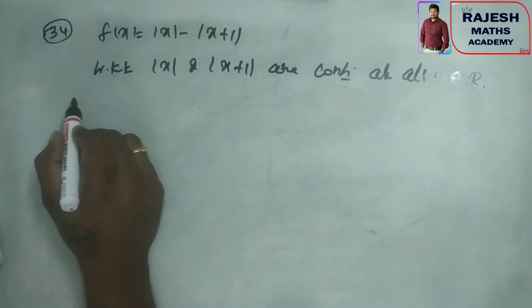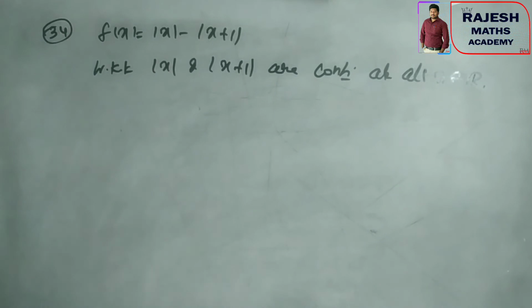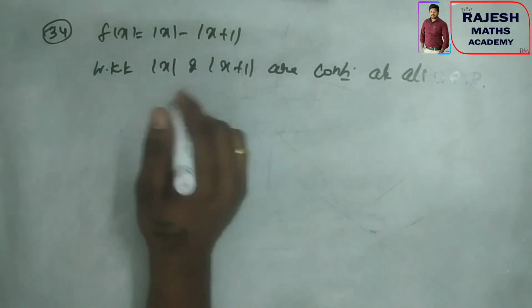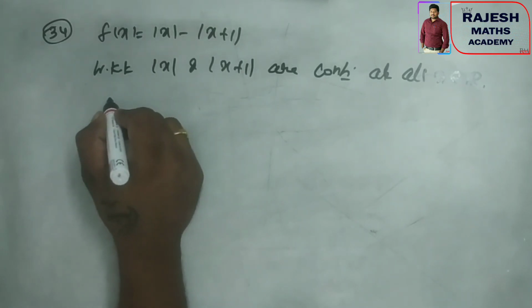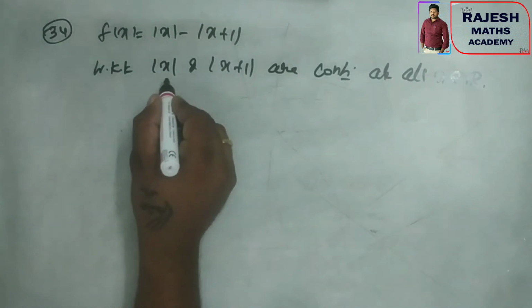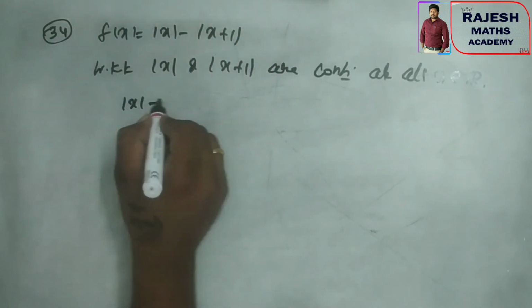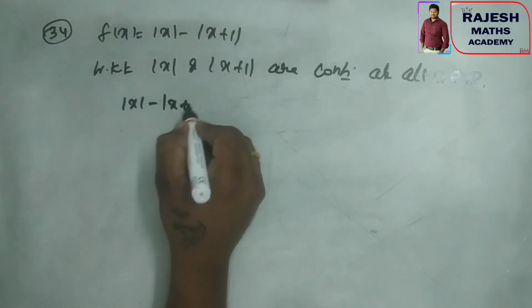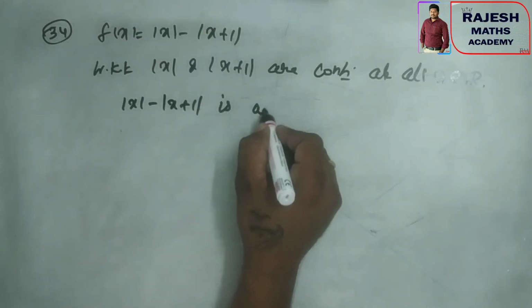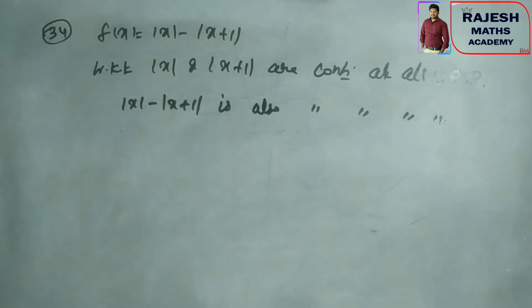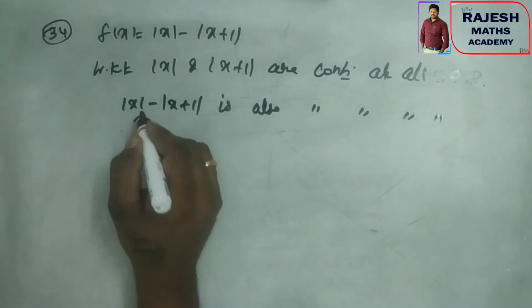By theorem 1, the sum, product and difference of two continuous functions is continuous. If f is continuous and g is continuous, then f minus g is also continuous. So modulus of x minus modulus of x plus 1 is also continuous at all points x belonging to R.